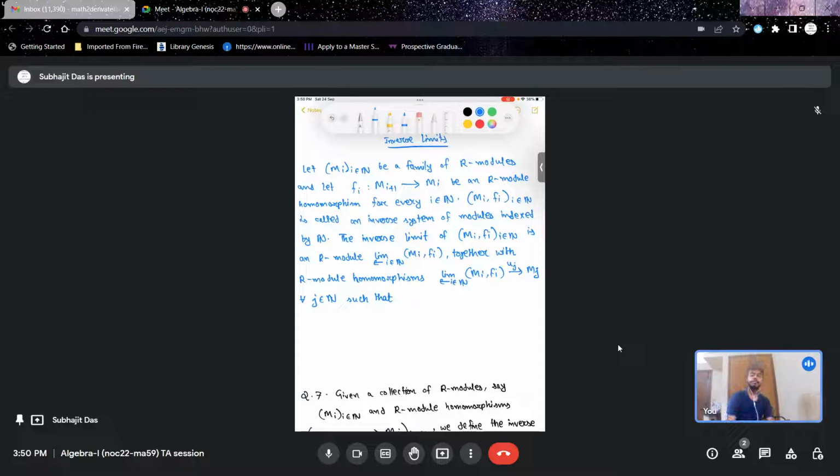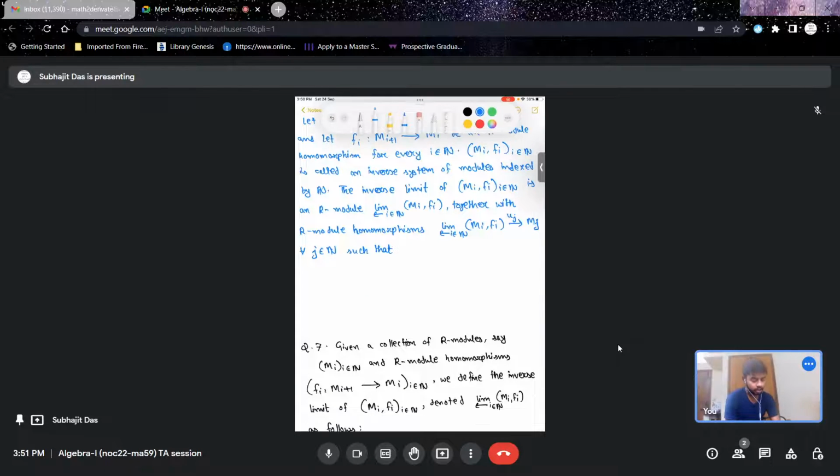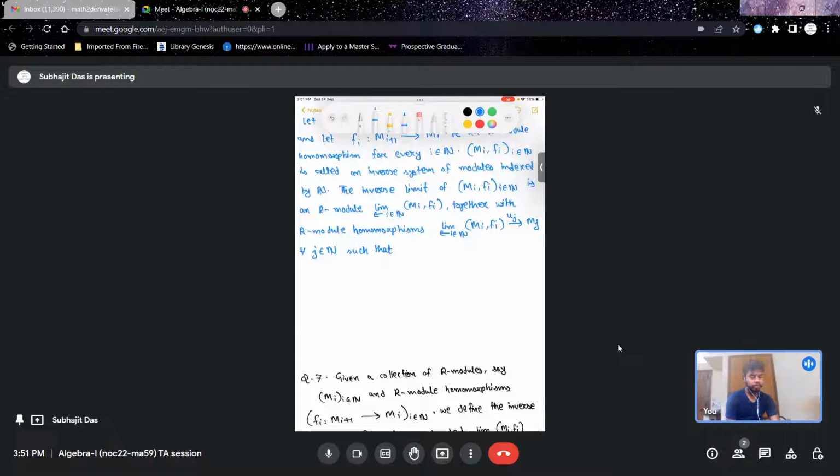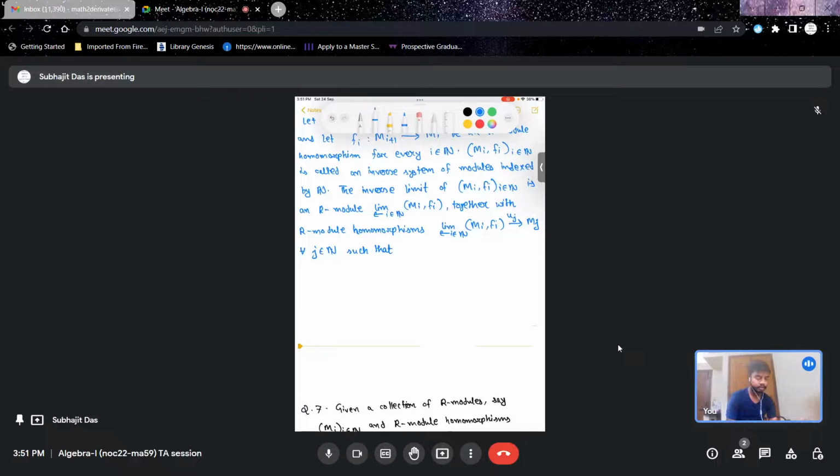It's universal among all such objects and arrows from the objects to the modules Mj. What I mean by this is that it's terminal among all such objects. So let me say it precisely, such that the following universal property holds.